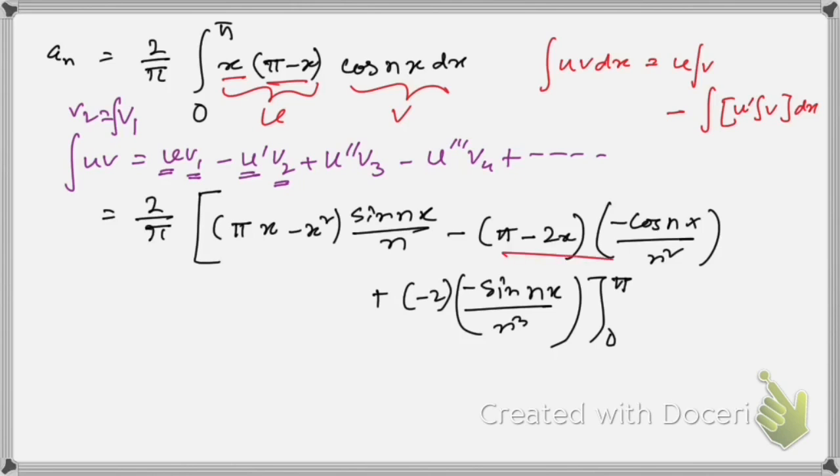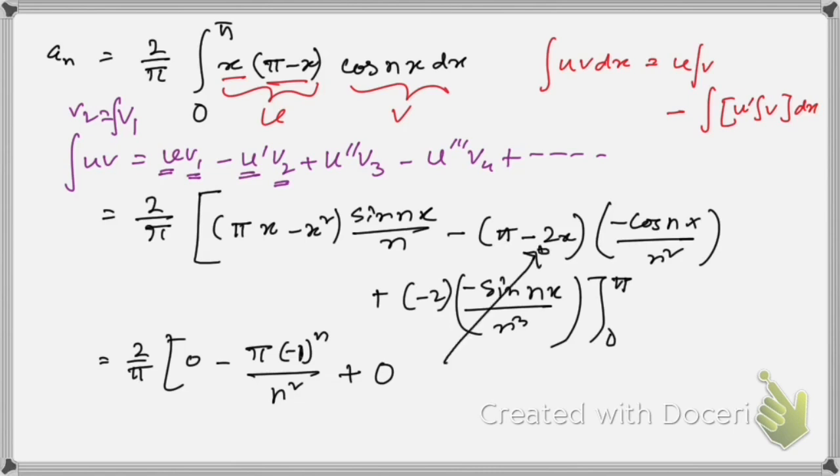Now let's come to this second part. Here we get 2 by pi, the first part becomes 0, then we get pi minus 2 times minus 1 whole to the power n by n square, then plus again 0, this term is again 0, then minus pi by n square, which is what we get on putting 0.